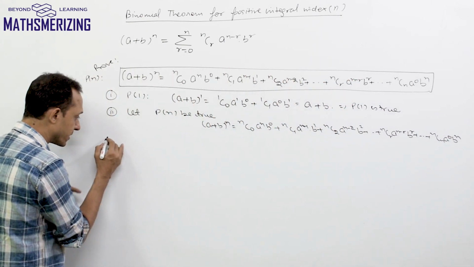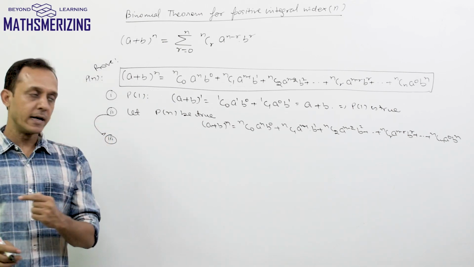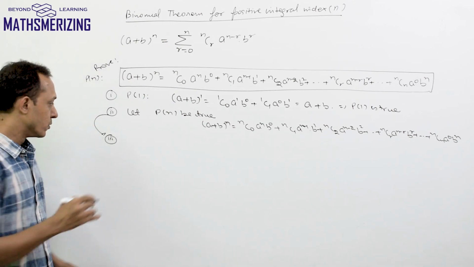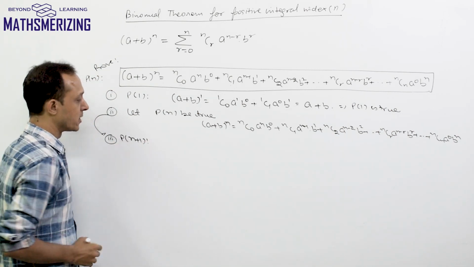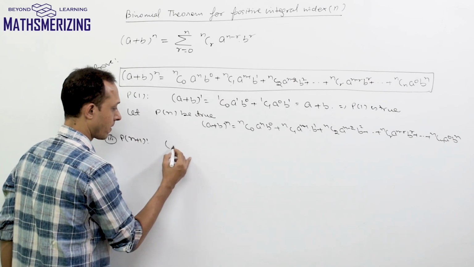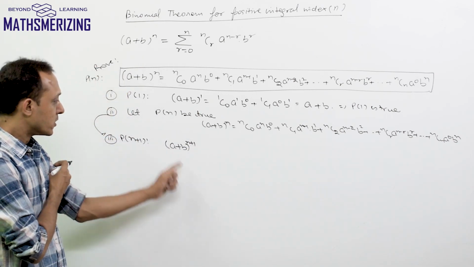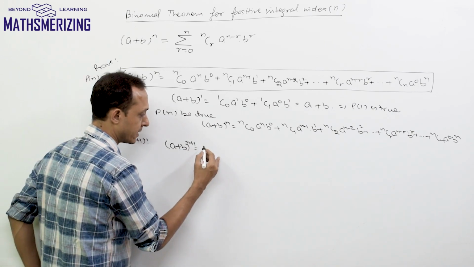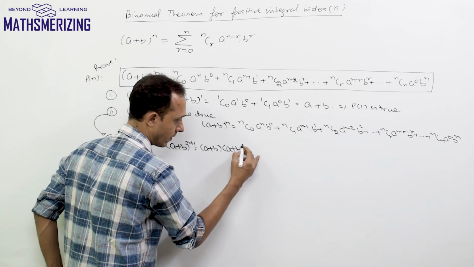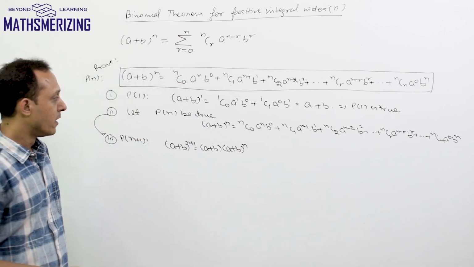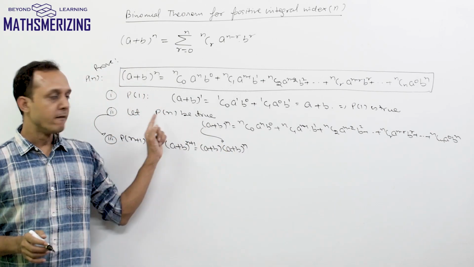Now the third and crucial step is, using this second step, I need to prove that Pn+1 will be true. So Pn+1 will be (a + b)^(n+1). So I write (a + b)^(n+1) as (a + b) into (a + b)^n. Now I'll put the value of (a + b)^n from Pn.